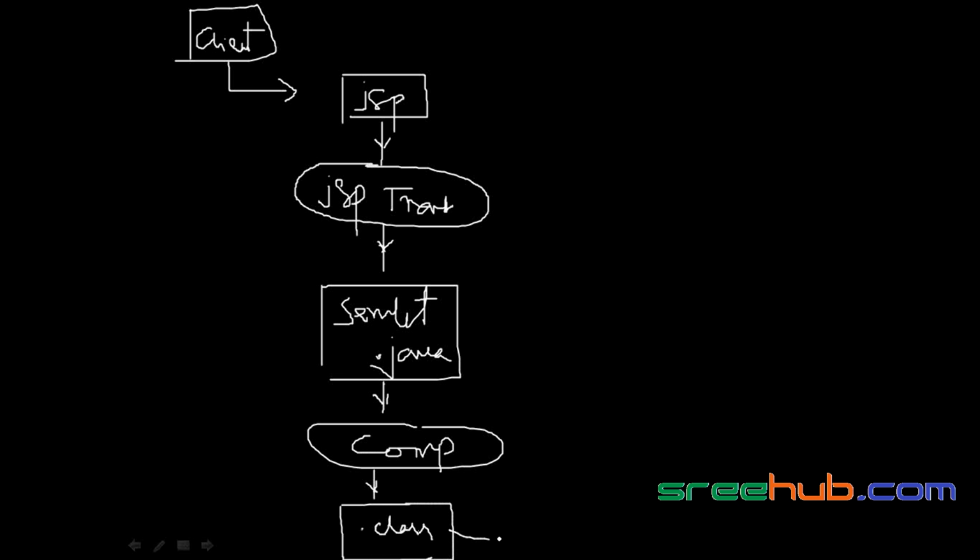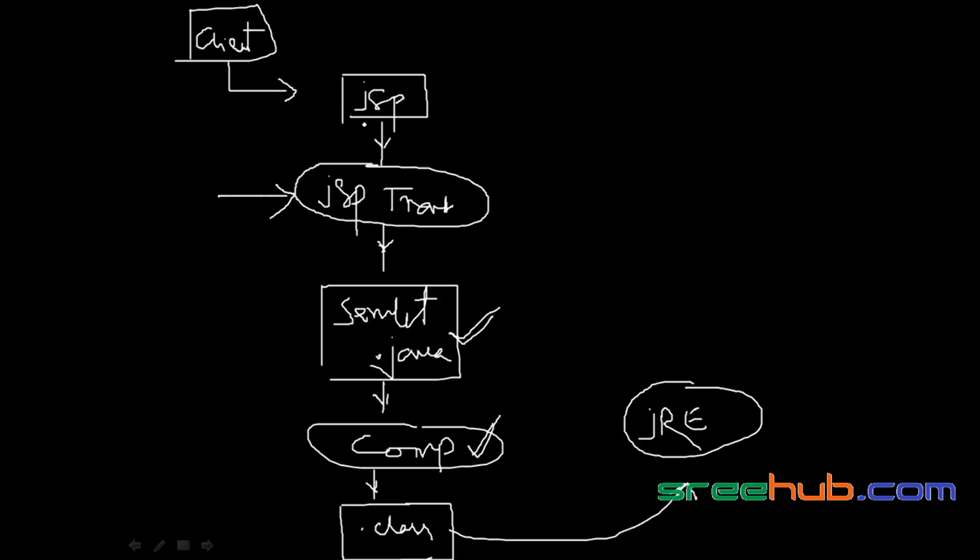And this .class will be loaded on the JRE, because your server will have a JRE. This JRE understands the class because we have compiled it, and we are able to compile it because it is a .java servlet file, which we got from the translator, which translates a JSP completely into a servlet. And once the JRE is done, you have your servlet object.